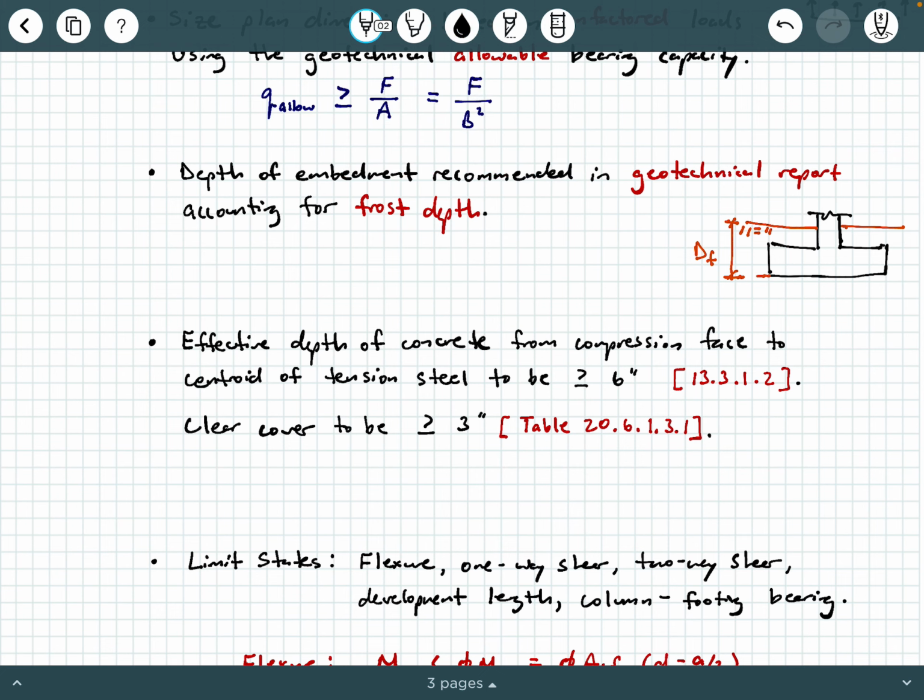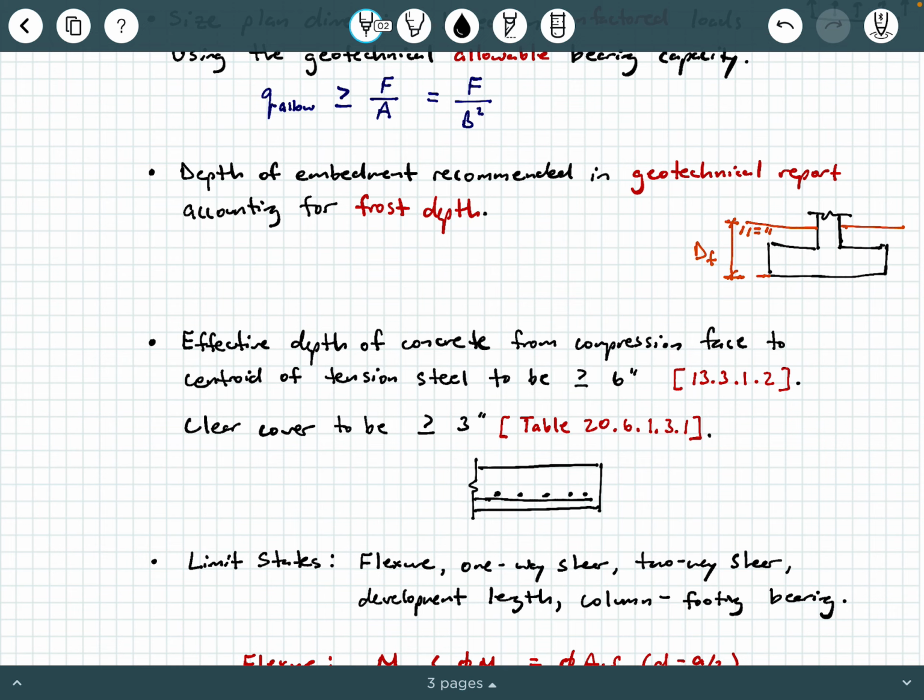I'm going to take a look at one part of the footing. All right, let's say that this is like one of these little sides of the footing here, okay? So let's say that we have our rebar here, okay? And let's say we have our rebar also here. So you got that rebar grid there, all right?